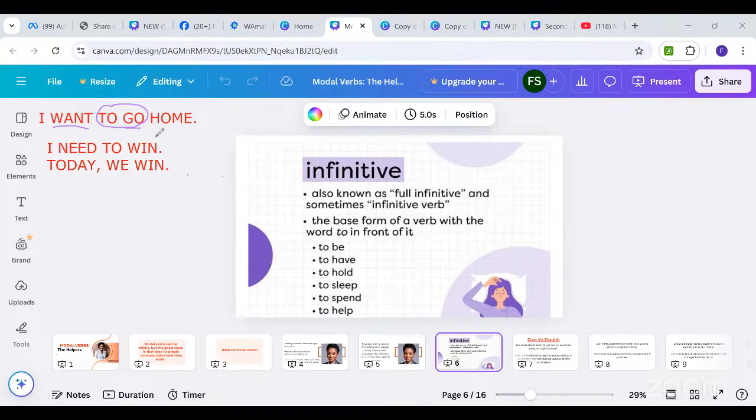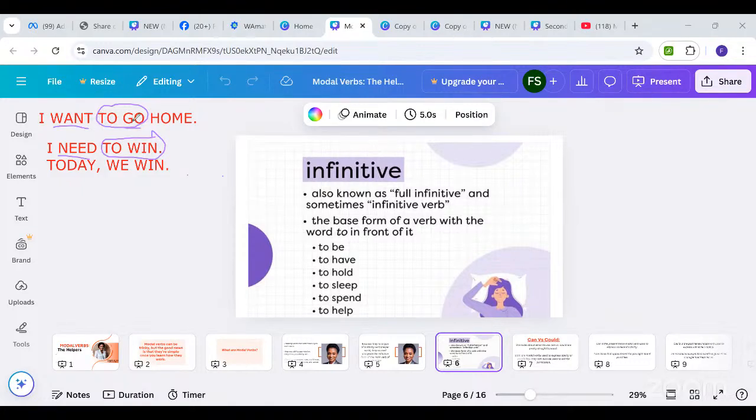It is an infinitive because it has to, and because the verb there is not win again. The verb is now need, just like in the first sentence. I need to go home. Without to, go is a verb, want is a verb. But once we add to, it changes.